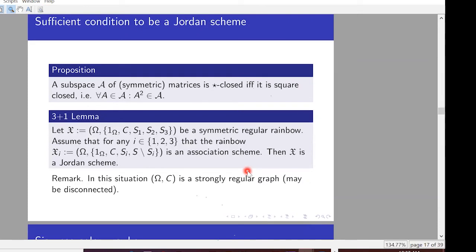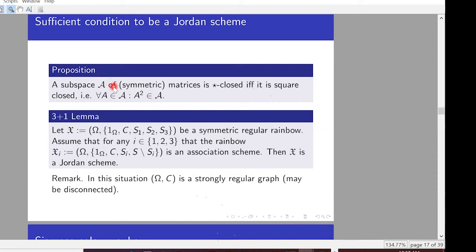Now, in order to look for Jordan schemes of rank 5, we need a useful criterion which would tell us whether a given partition is a Jordan scheme or not. So the first step is the following proposition, which you can prove quite easily. It's a one-line proof.